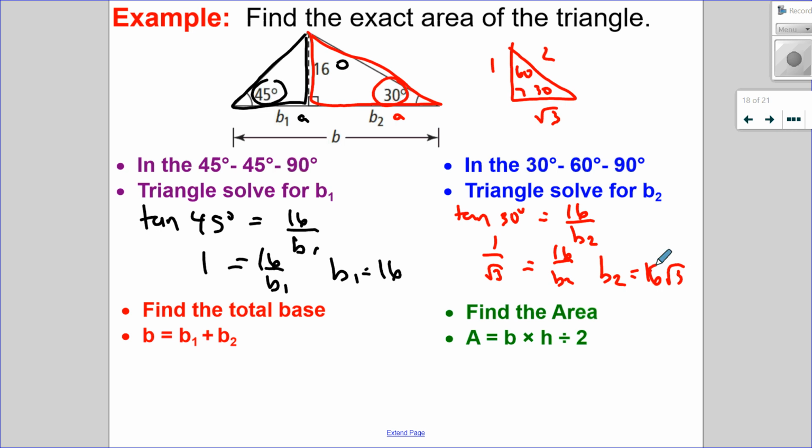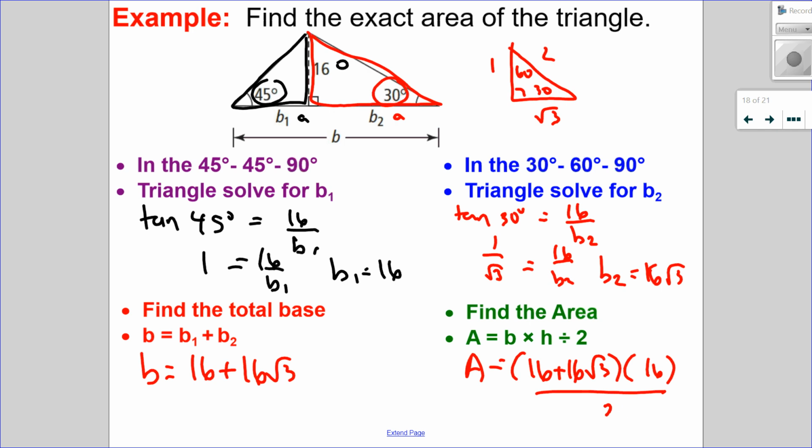So I know that my base altogether is base 1 plus base 2. So the base is going to be 16 plus 16 root 3. And now we can figure out what the area of this triangle is, the exact area. So area is equal to base multiplied by height divided by 2.